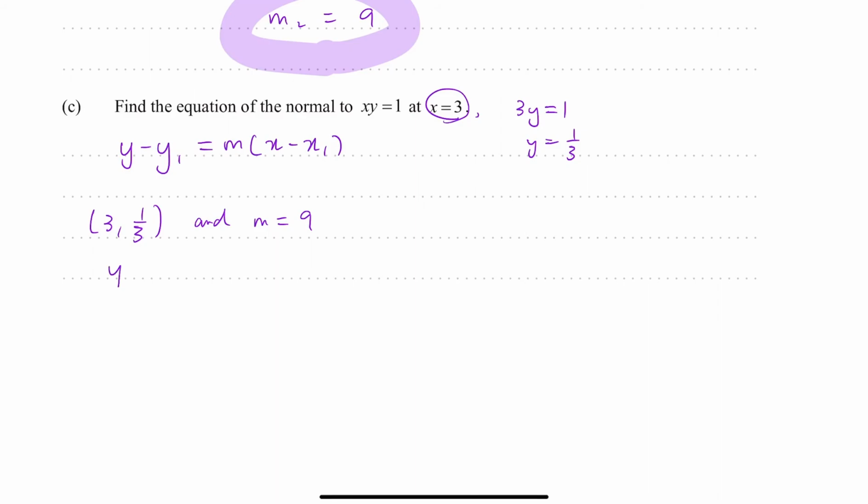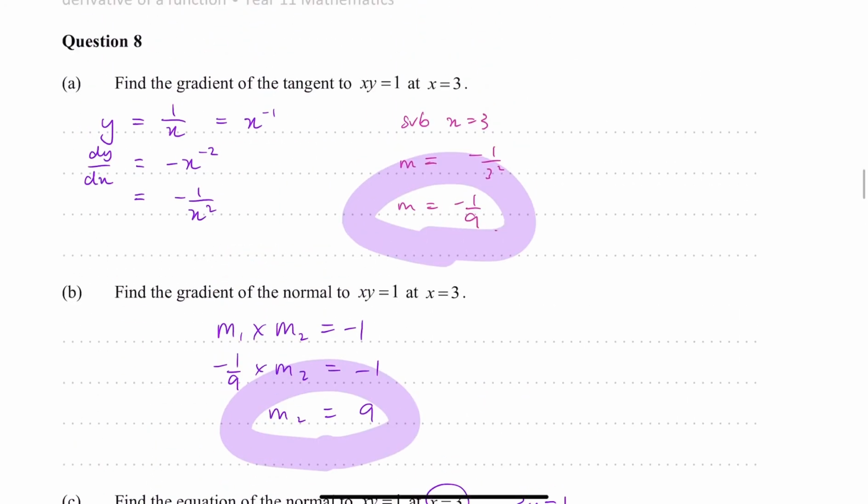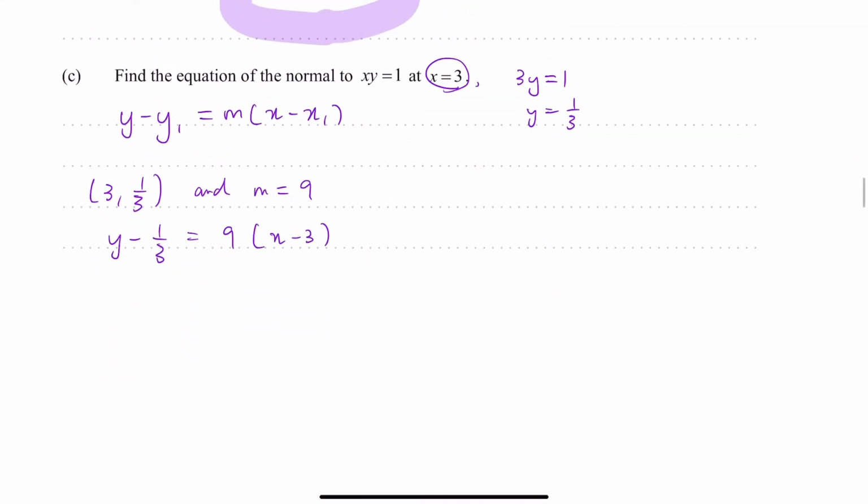Let's sub it into our equation formula: y minus y1 equals gradient times x minus x1. Now this question didn't really specify if they want it in gradient-intercept form or general form. In this question, I'm going to go for general form so that we can have no fractions.